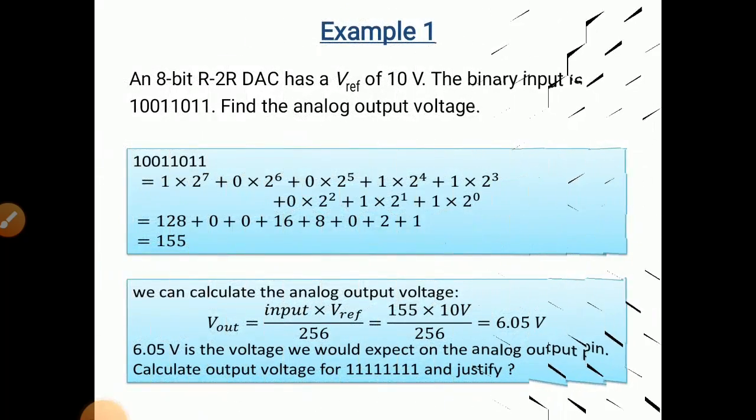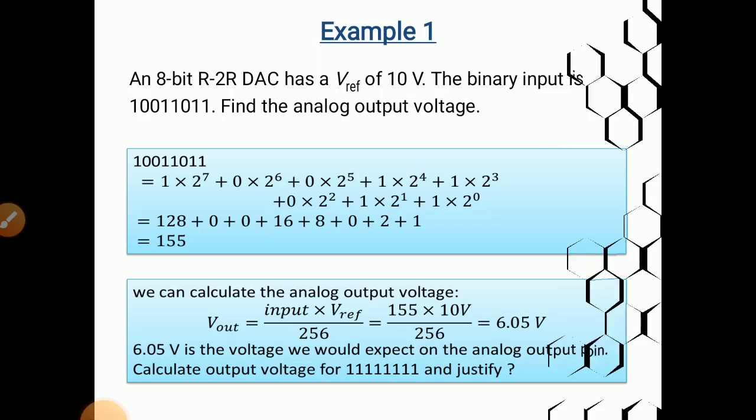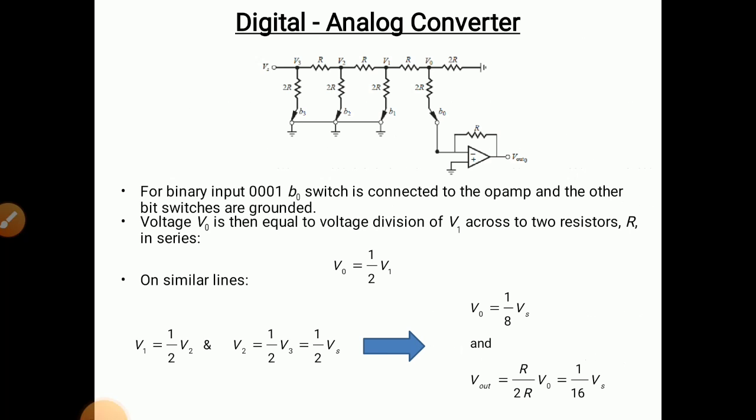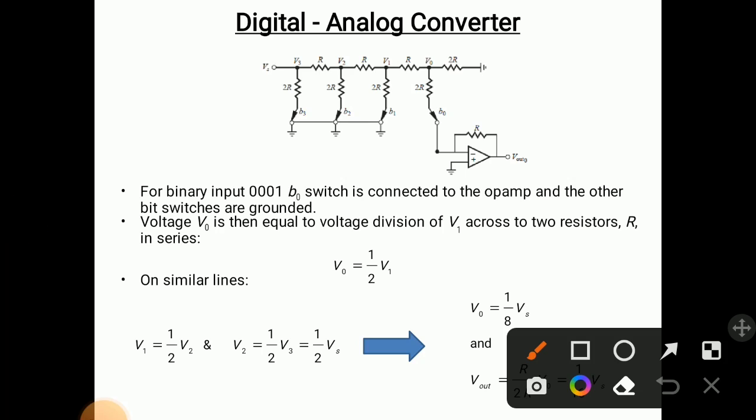Just a minute, we'll check something. So here, when B0 is 1, we are getting output as 1 by 16. Similarly, when B1 is 1, we will get 1 by 8 as output.